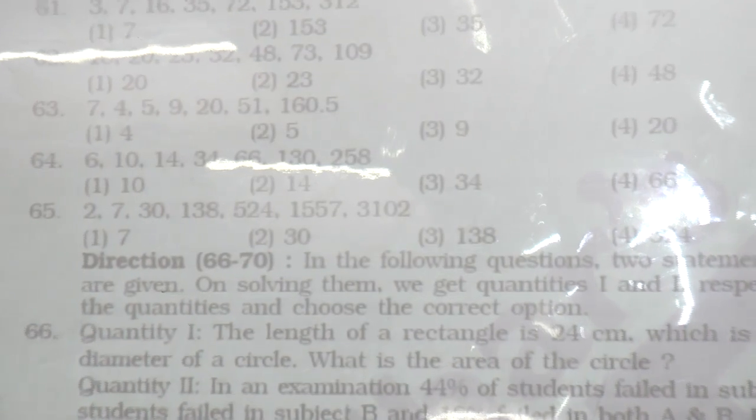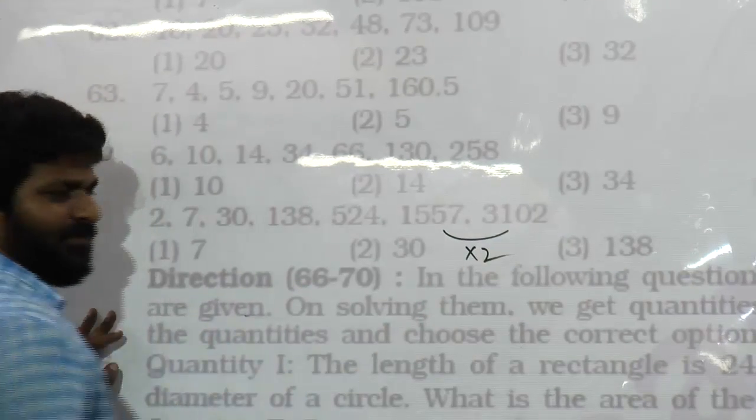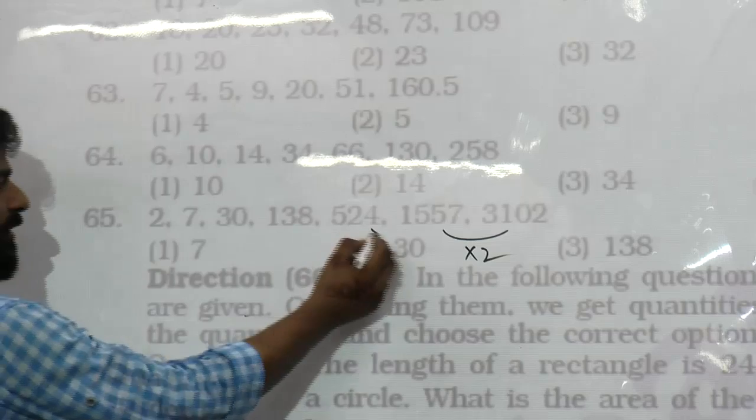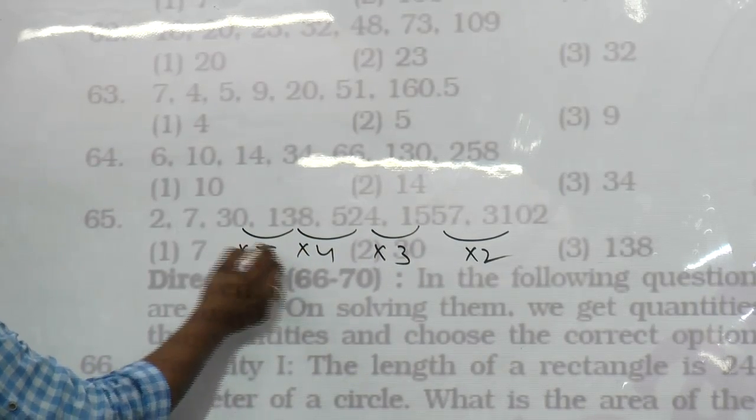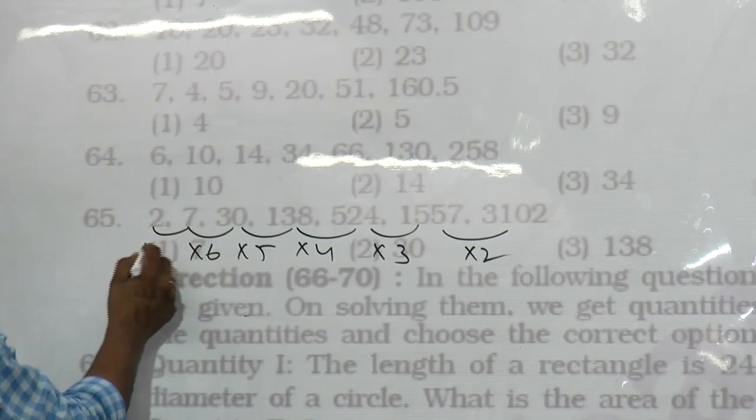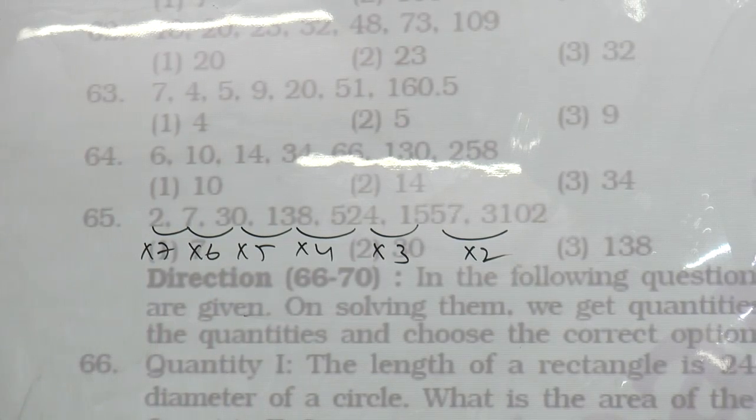Next, this is near about 2 times, and this one 3 times, 4 times, 5 times, 6 times, should have 7 times, near about.